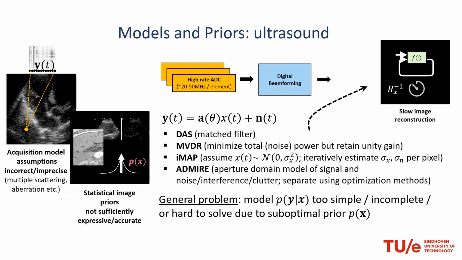Another thing is that some of these solvers, in particular MVDR, are very slow. So MVDR relies on inversion of an estimated autocorrelation matrix. And that is slow, especially if the number of array elements goes up. So for a large number of array elements, this scales cubically, as I said before, in the number of array elements.